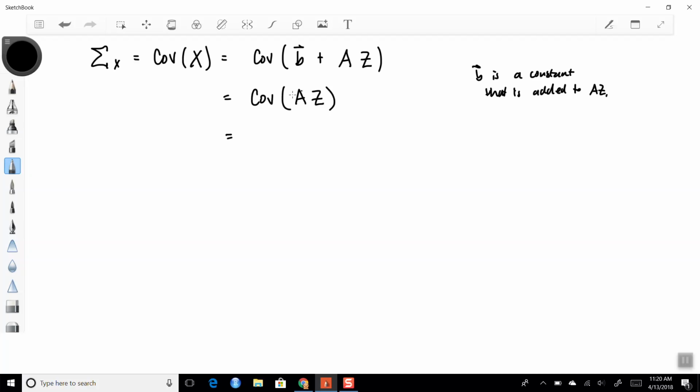So how do you pull out A when you're multiplying something by a constant? The random variable is z, and you multiply it by a constant. What do you get? If it's just a single term, it would be a squared times the variance of z. But because we're dealing with a matrix form, we pull out the A in the front, and then we have to put the A in the back for the transpose.